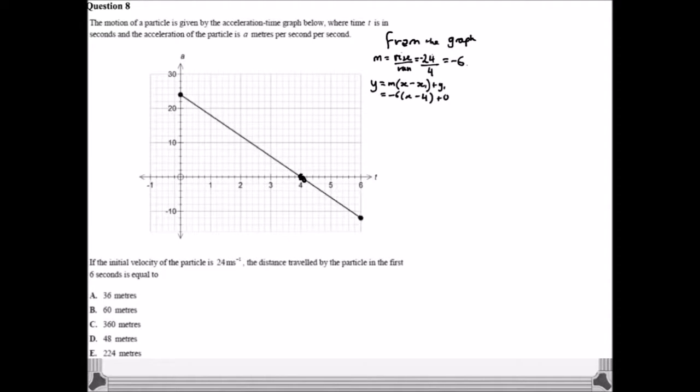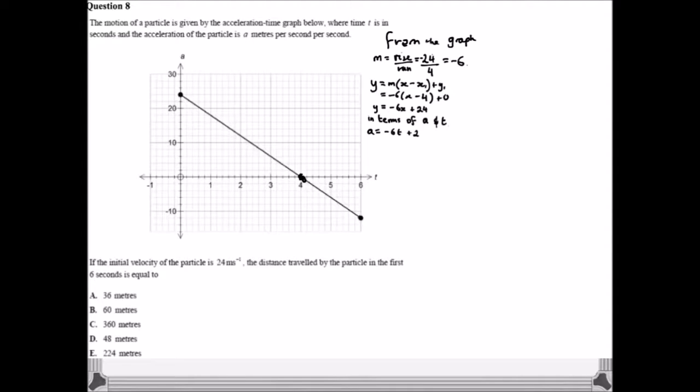Okay, so where do we get up to? We're finding the equation of the straight line to know some relationship between acceleration and time. And so in terms of a and t, we've got acceleration equals -6t plus 2.